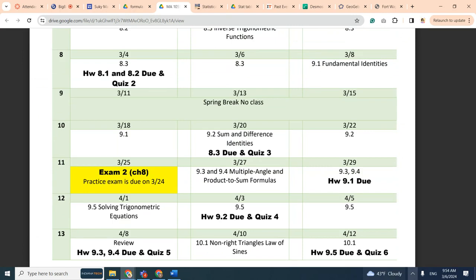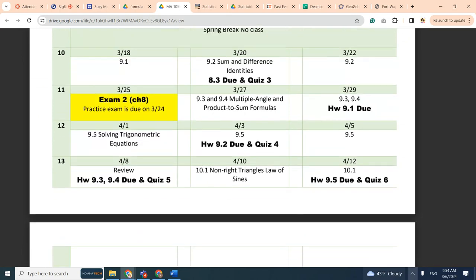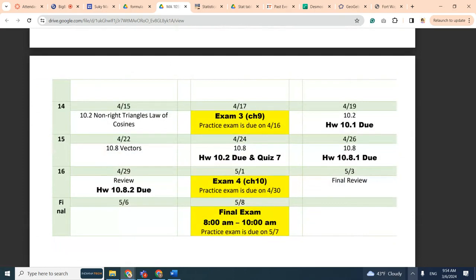I looked ahead a little bit, and I saw that there was exam 1 week after another exam, near the very end. You scroll down. Yes, there are two exams. So is exam 4 going to be small? Because you have exam 3, then 1 week, and then another exam and another exam. Yeah, exam 4 just covers 3 sections: 10.1, 10.2, and 10.8.